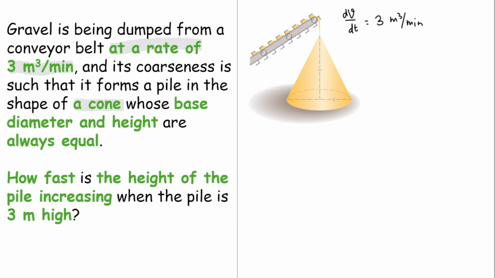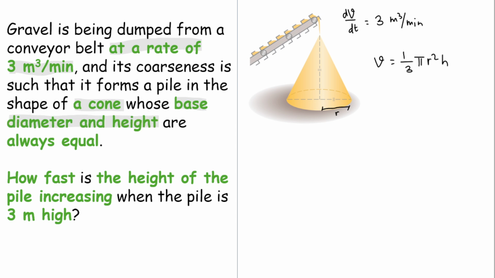However, we need to know that the cone volume here is 1/3 multiplied by pi multiplied by the radius of the base squared, multiplied by its height. We are given that the base diameter is always equal to its height.